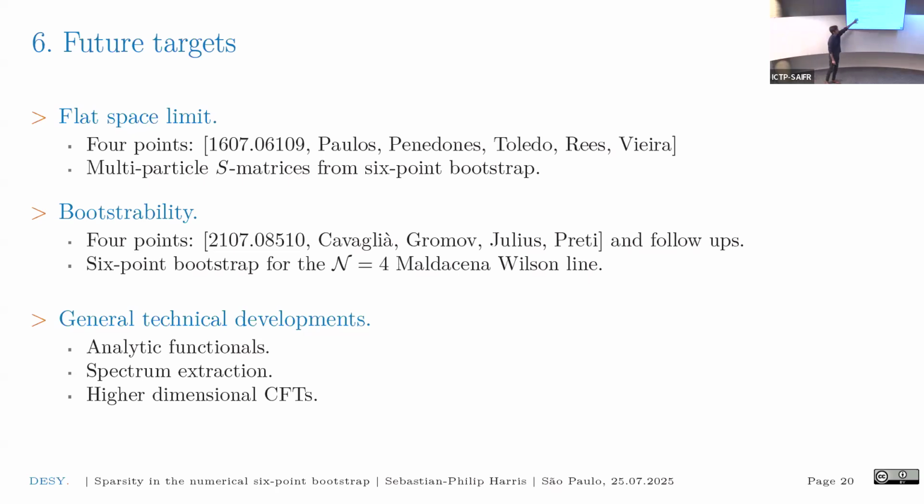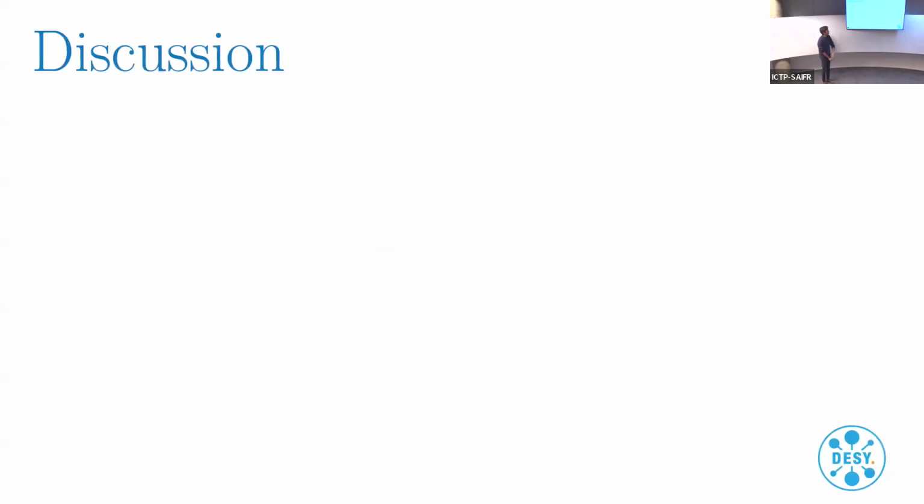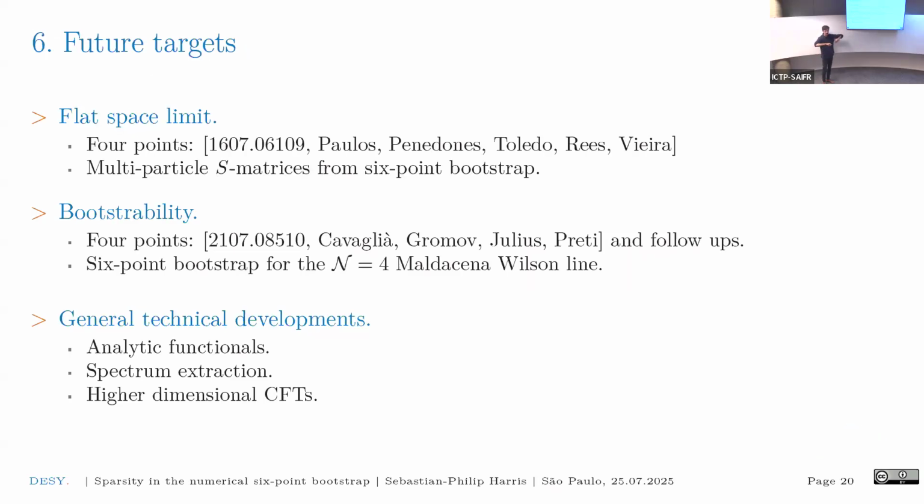And then on the other hand, there are also some general technical developments that need to still be pushed. So one nice thing to think about would be to see how these bounds that have been found in these functionals relate to some analytic functionals that maybe also solve this problem of large external dimension and slow convergence.